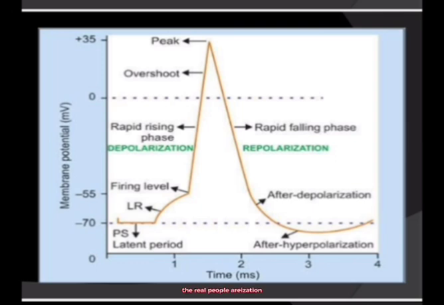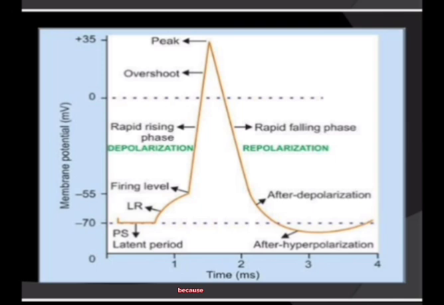During depolarization, the interior of the cell becomes positively charged while the exterior of the cell becomes negatively charged. So there is electropositivity inside the cell and electronegativity outside the cell. It simply means that the resting membrane potential is completely altered.